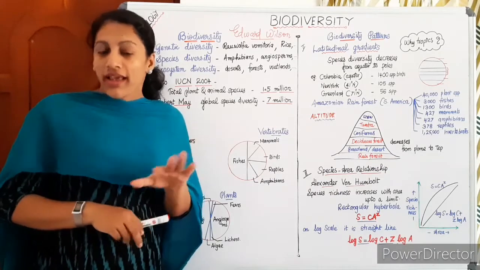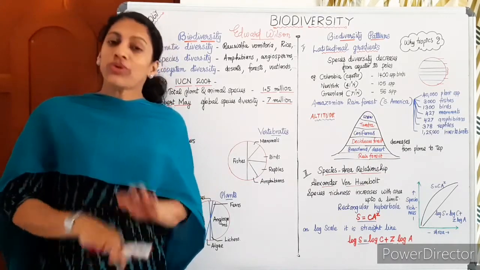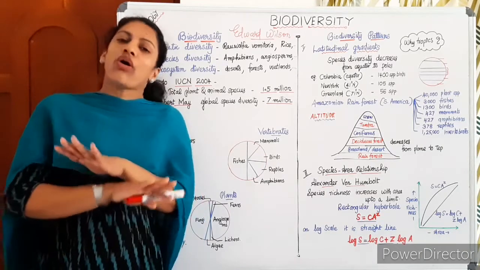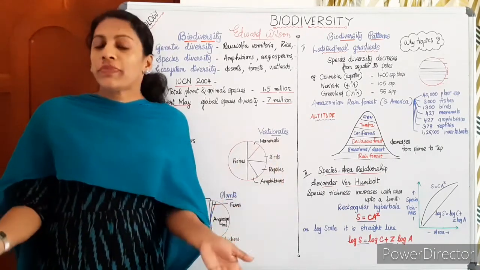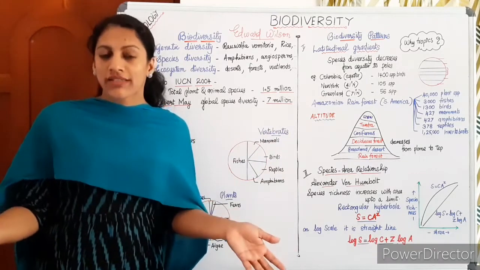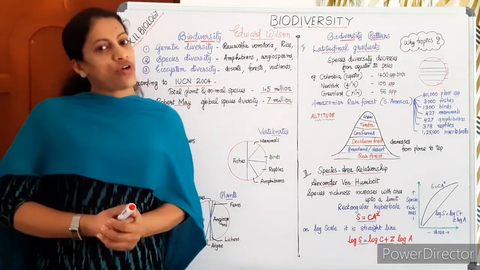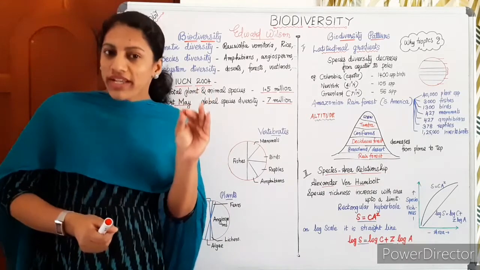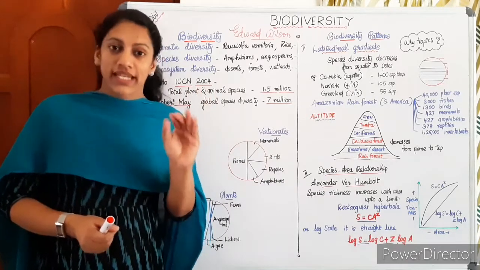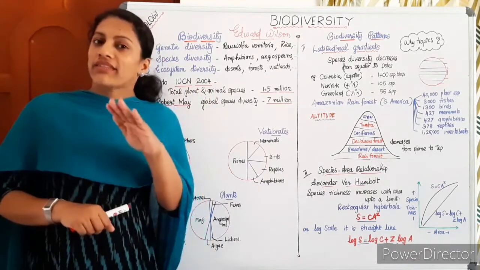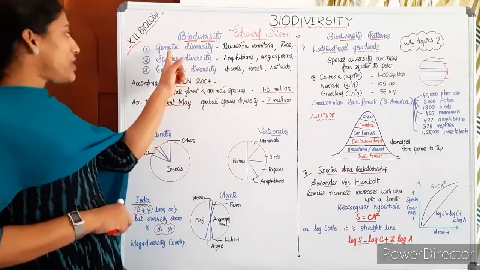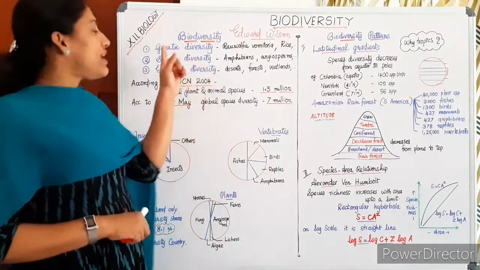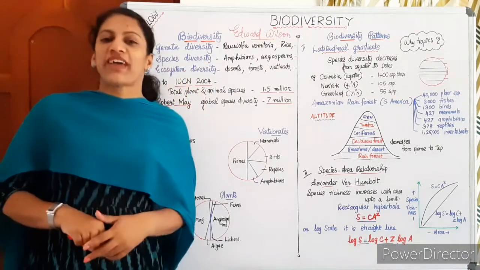In general, biodiversity refers to the diversity at all levels of biological organization. It can be at species level, genus level, any taxa level. Whereas when we consider biodiversity in detail, there are three major levels: the first is genetic diversity, then species diversity, then ecosystem diversity.